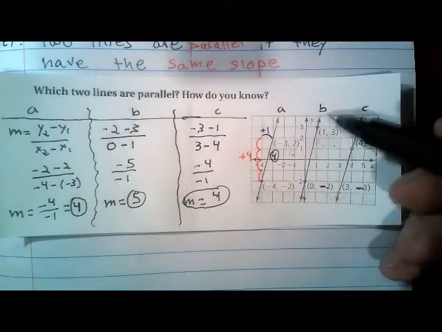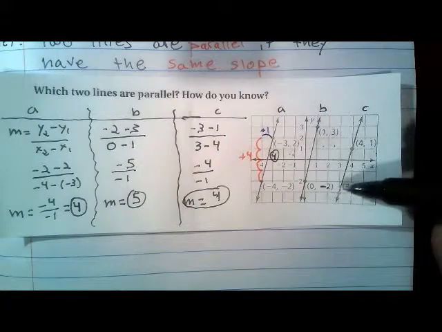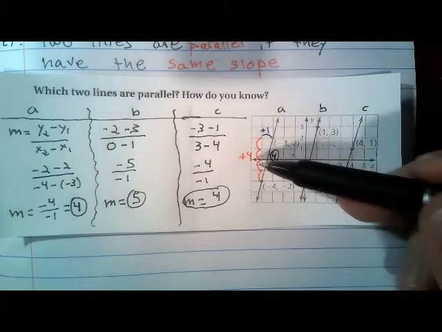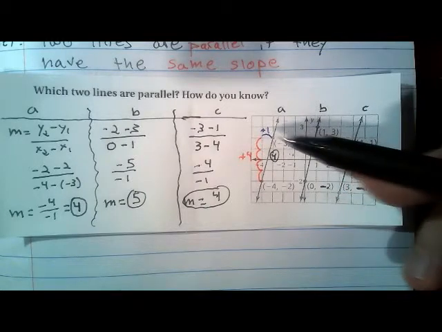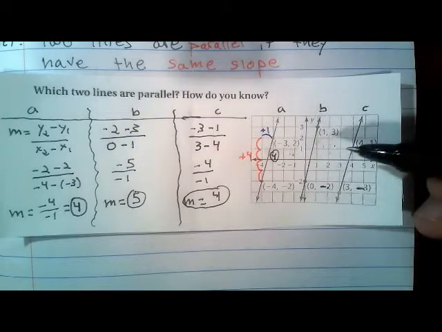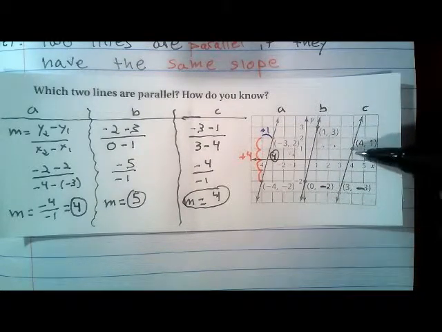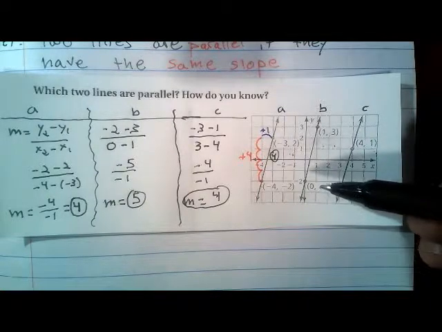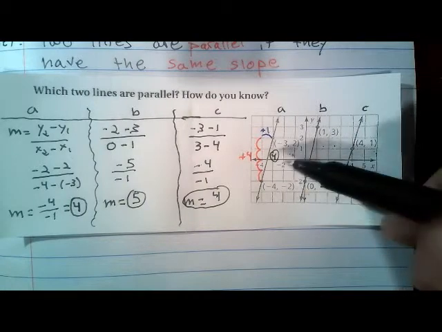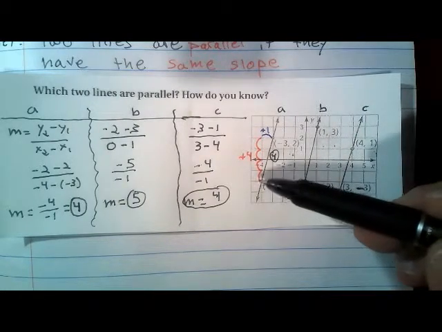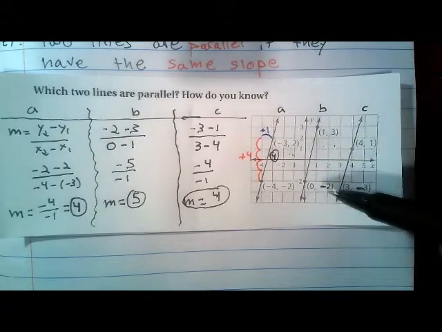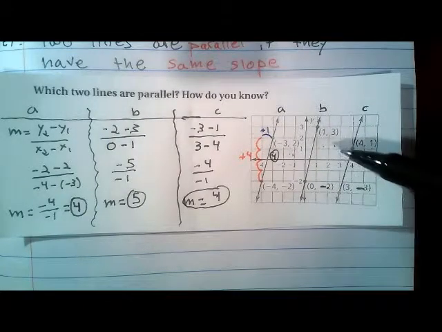Now, I'm not going to do line B, but take a look at line C. We know that these two lines are parallel. So if I go up 4 and over 1 here, I should have to go up 4 and over 1 on this one. Okay, I like to think of it as two people kind of walking in a line. Parallel means they're never going to touch. If this person goes up 4 spaces, this person's going to go up 4 spaces.